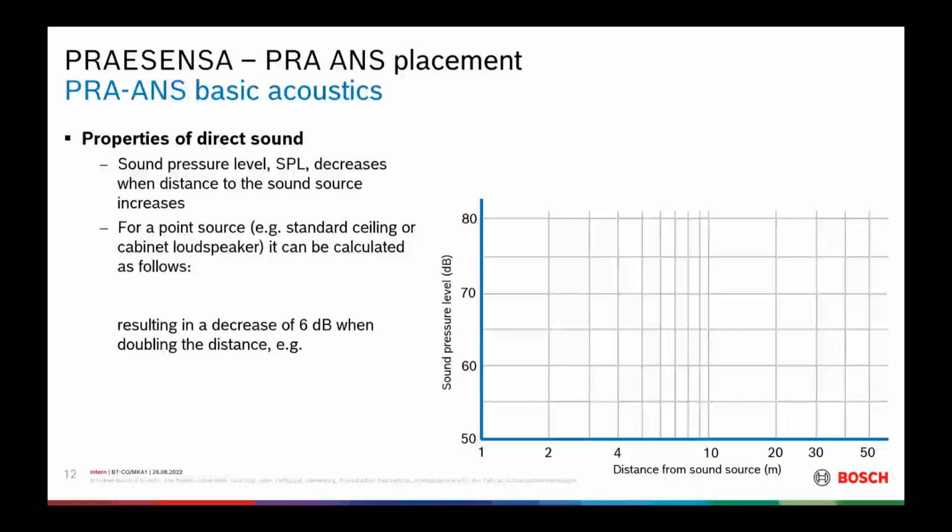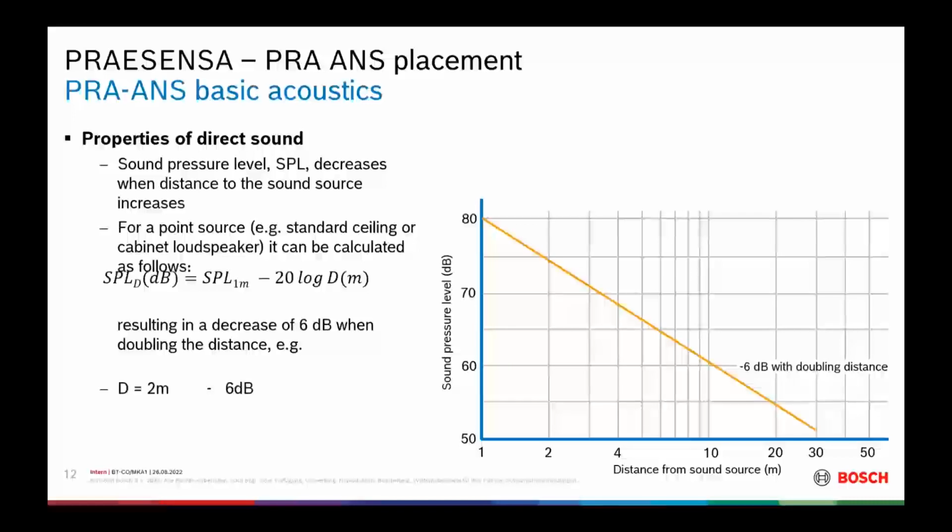When we look at the direct sound only, and you all know this from some basic saying, whenever you have a point source, the so-called direct sound is decreasing with 6 dB by doubling the distance.